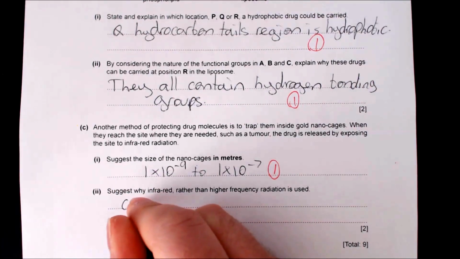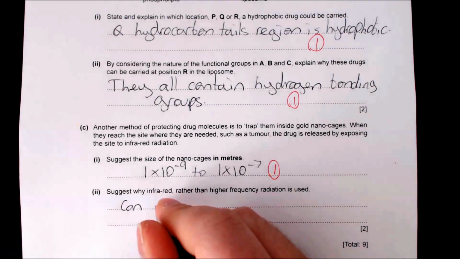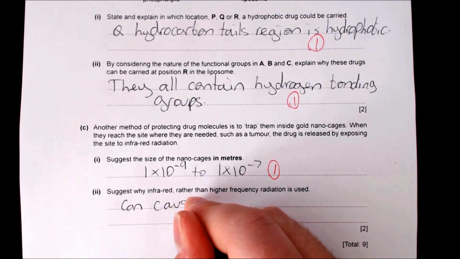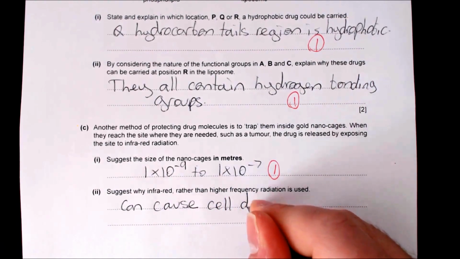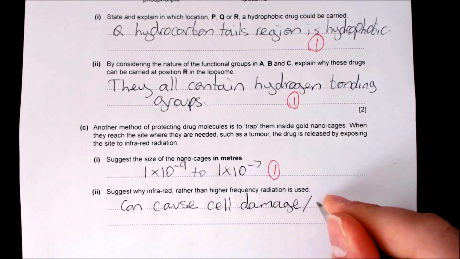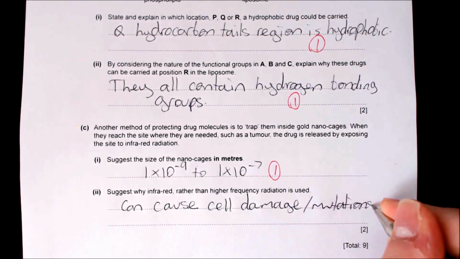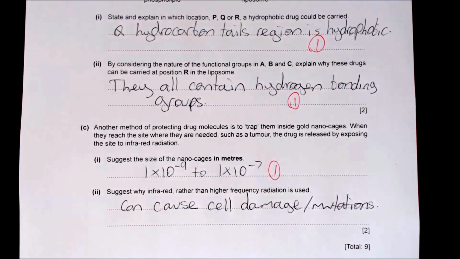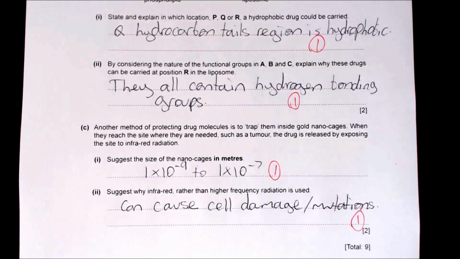So yeah, anything higher than that, really, like for example UV, can cause damage. So a little bit of physics there. Okay, so can cause cell damage or mutations or anything like that. So you get a mark for that as well. And so there we go. So you get 2 marks in total for that.